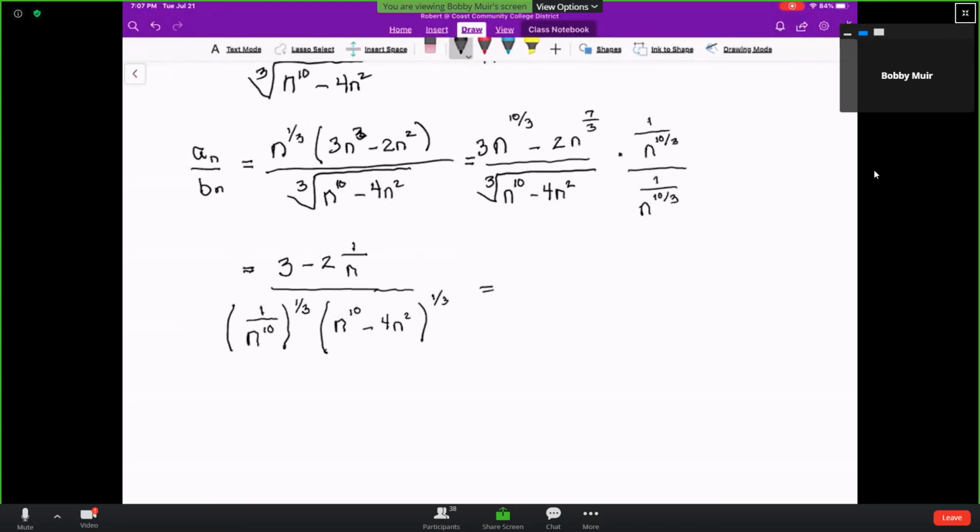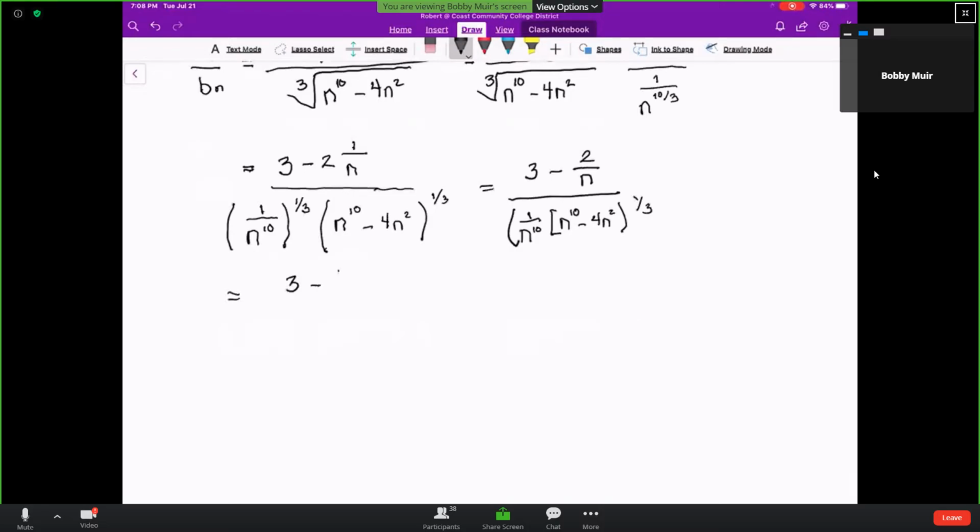Now the way that the exponent rules work, down here it's going to be 1 over n to the 10th times n to the 10th minus 4n squared to the 1/3 power.